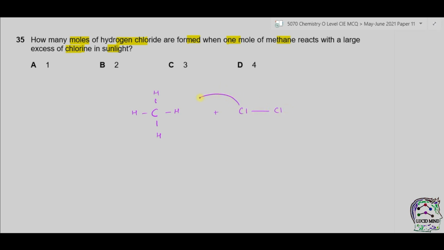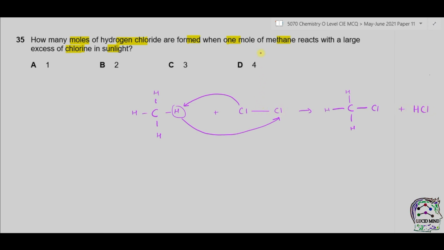The chlorine atom replaces hydrogen atom, and this hydrogen atom converts into HCl upon reaction with other chlorine. So now this hydrogen is replaced by this chlorine and HCl is formed as the product.